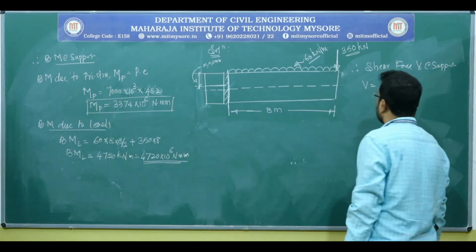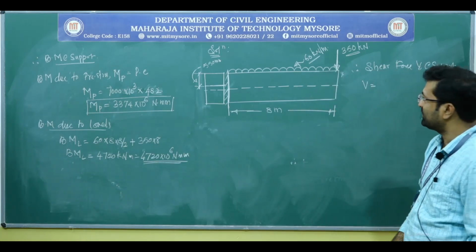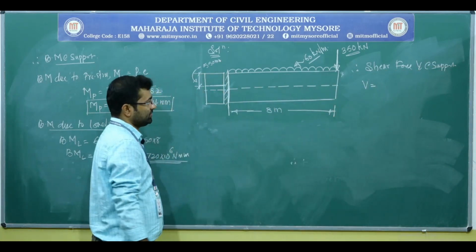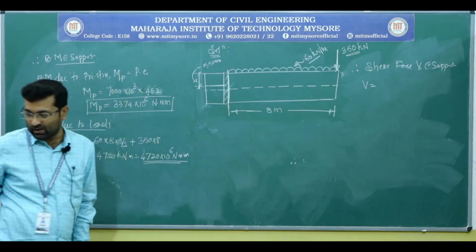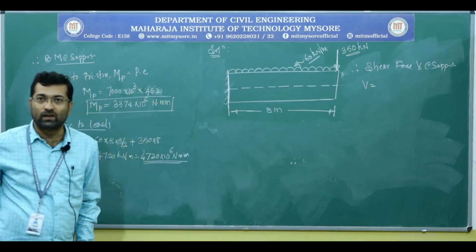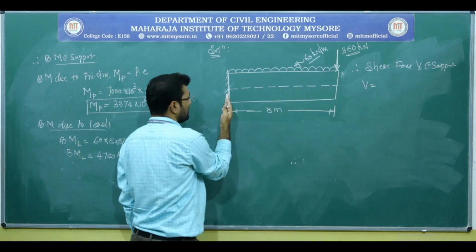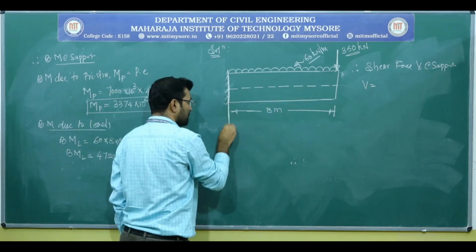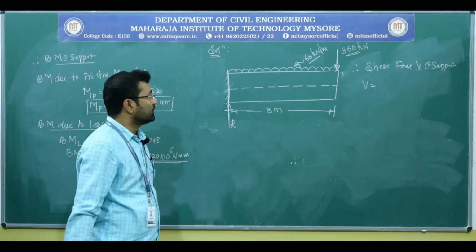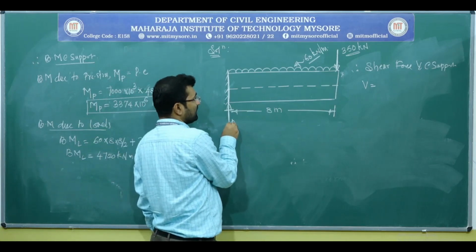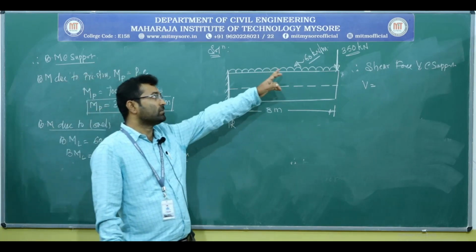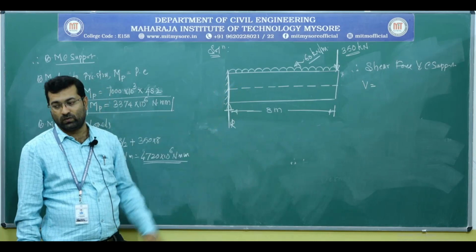Now, as we have only one support, at the other end, whatever load is acting on the beam, that entire load will be registered by the reaction which acts somewhere here. So I can say straight away that the shear force acting at the support is nothing but the total load acting over the beam.